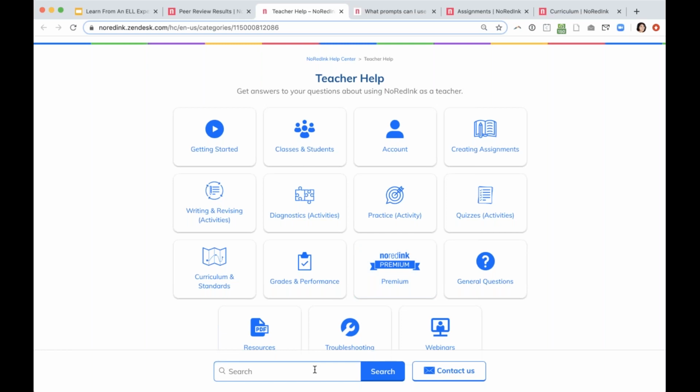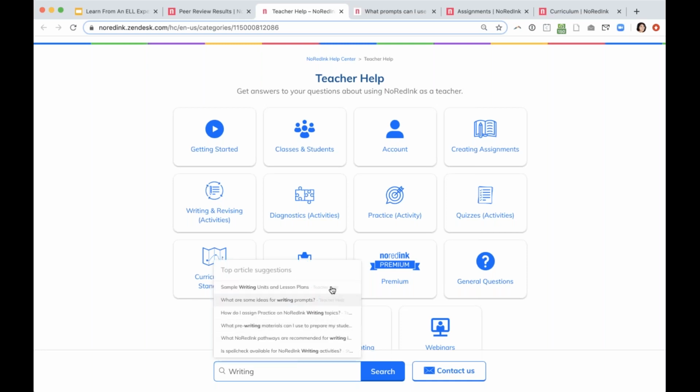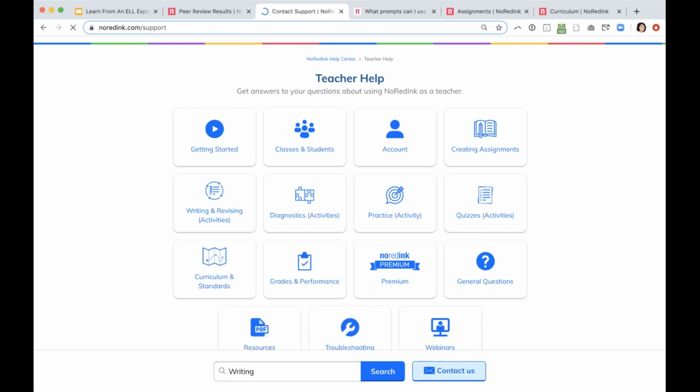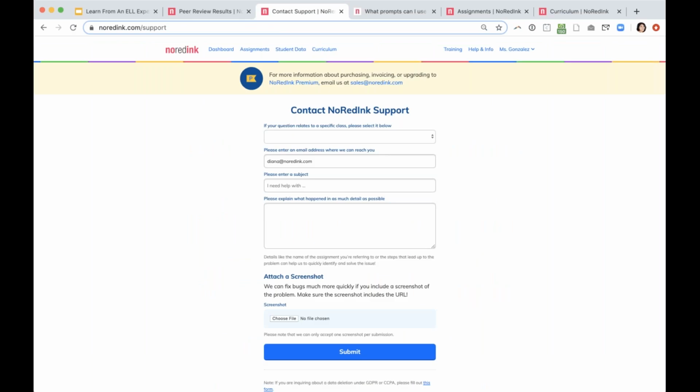If I start looking for, let's say, writing plans, it'll show me a list. But more importantly, you can also click contact us and this will create a help desk ticket for you. Feel free to dive in, don't be scared of it. If you do need any help, we are just a click away.